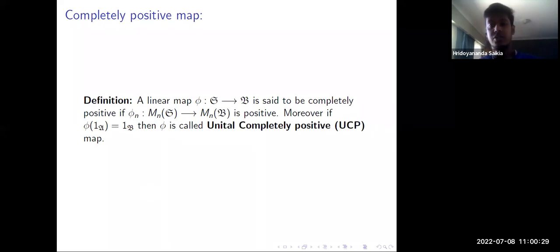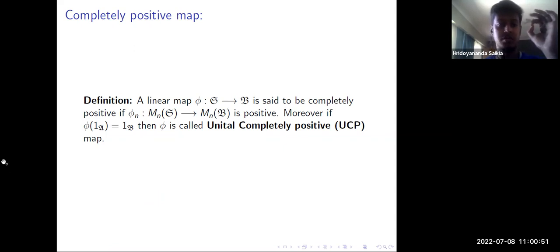Now we can talk about completely positive maps. Suppose I have a linear map P from an operator system X to a C-star algebra B, then we can say that it is completely positive if the new maps Pn are positive for each n.